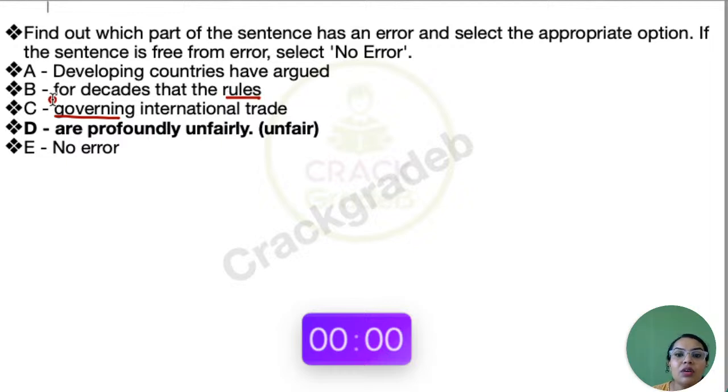So governing international trade is actually an adjective phrase helping us understand more about our main subject, which is rules. Rules are profoundly unfair. So rules are how, I need an adjective, unfair. For unfair, an adverb is used here, profoundly, which is okay.